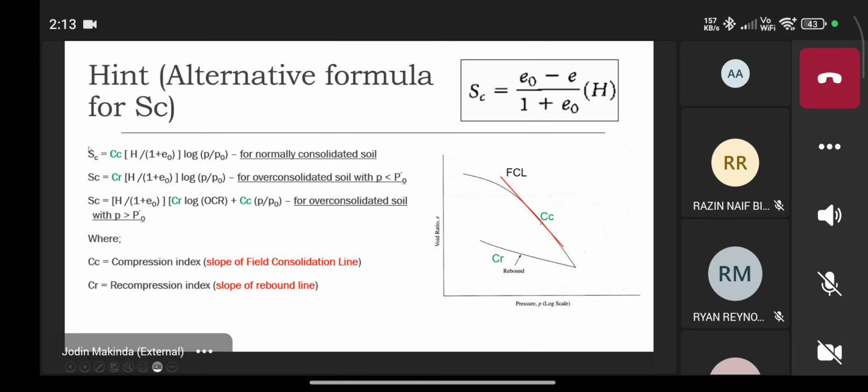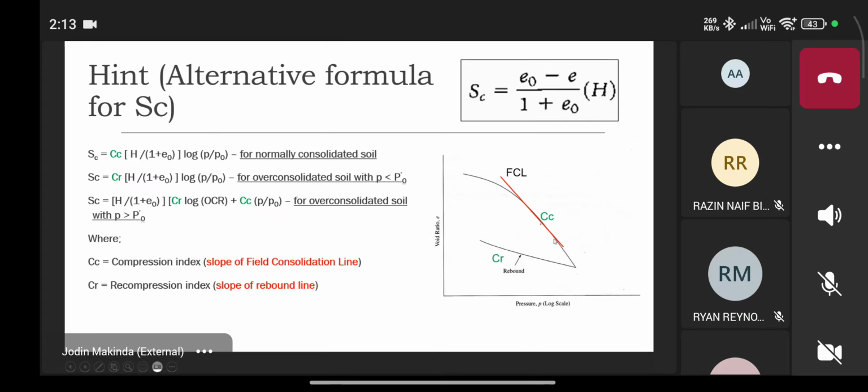SC is equivalent to CC, the height of the clay soil layer divided by 1 plus e naught, multiplied with log of the current pressure over the previous effective overburden pressure, where CC in this case is the slope of the FCL.